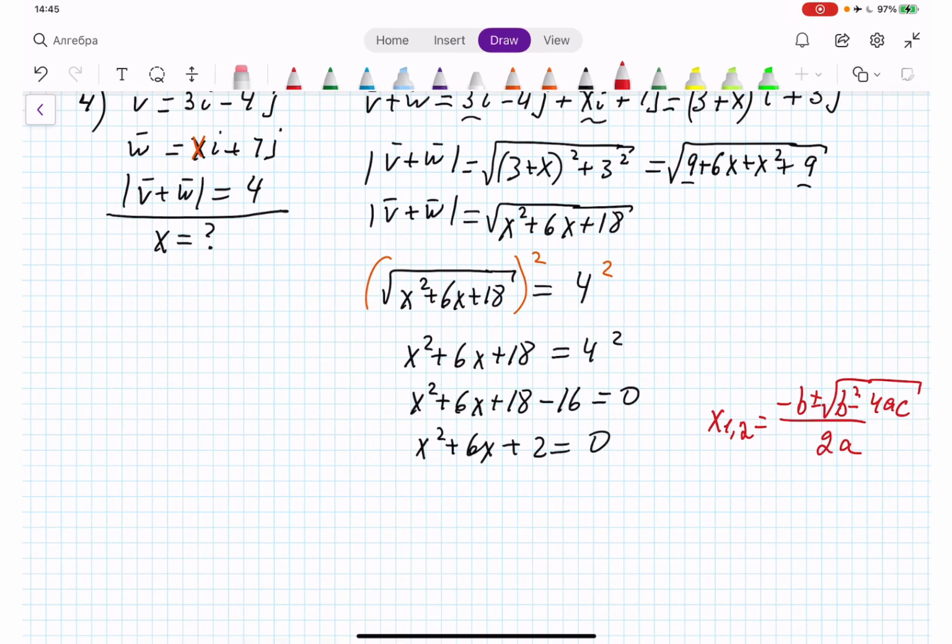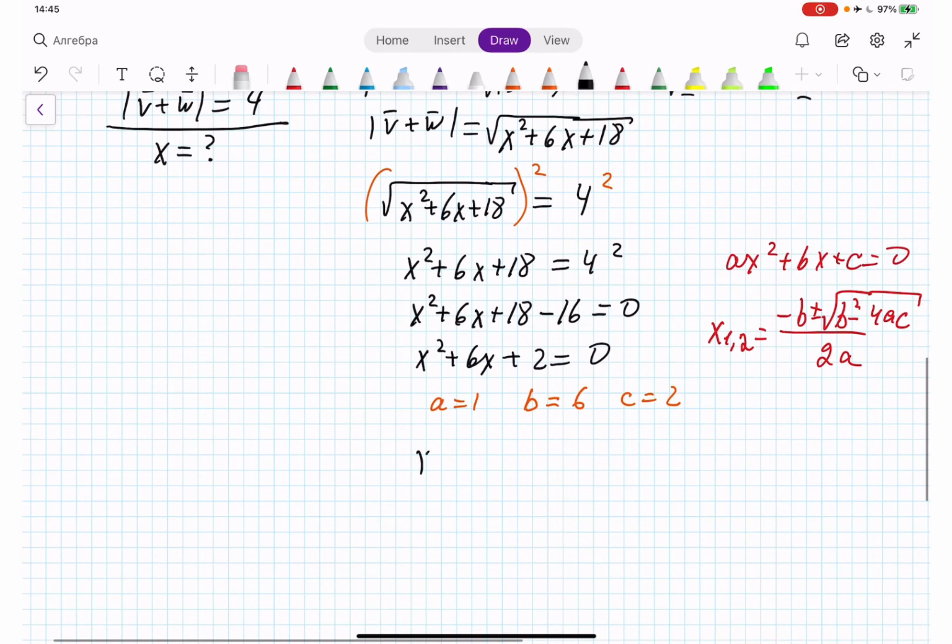Okay, so from here, what do we have? Our ax squared plus bx plus c equals 0. So our a is equal 1, our b is equal 6, our c is equal 2.